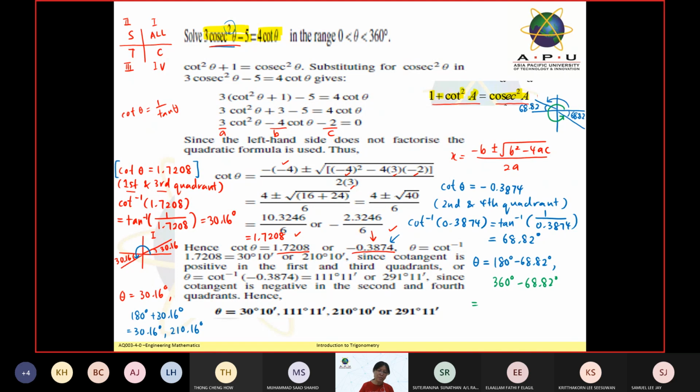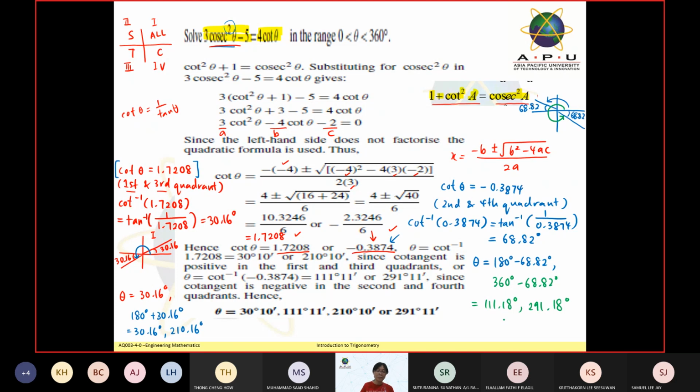So 180 minus 68.82 is 111.18, and for the second one, 360 minus 68.82 is 291.18. I see the same answer from students as well.